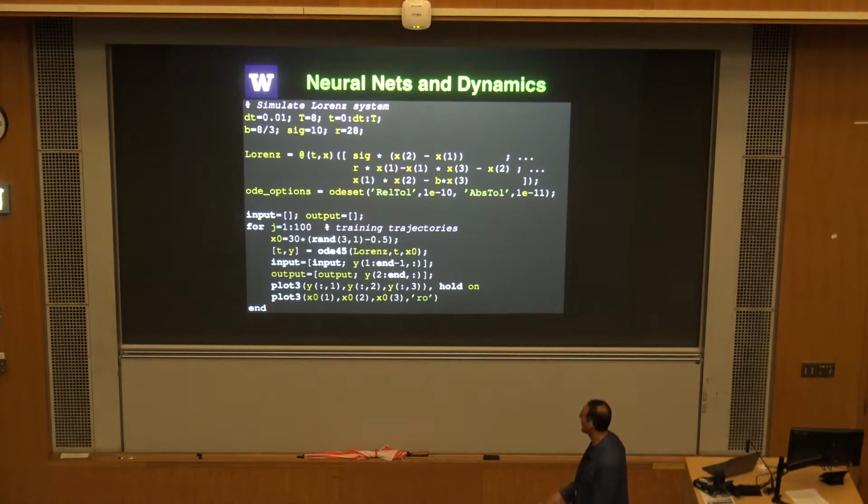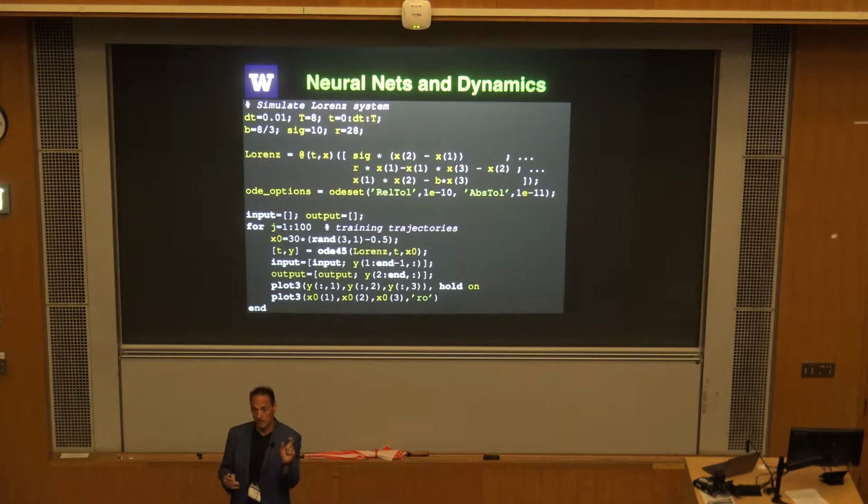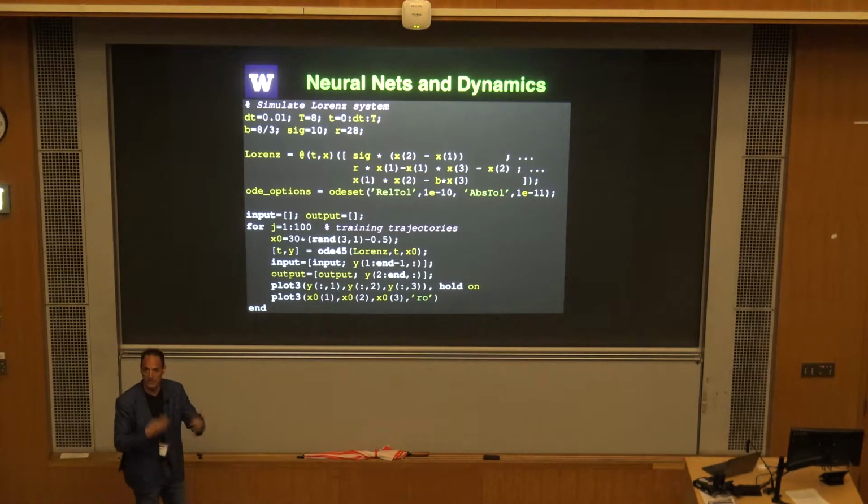Second part of the code is saying, okay, tell you what, let's simulate this 100 times. And each time I simulate it, I give it a random initial condition, run it through this Lorenz model. And what I'm going to do is start saving the data going from time 0 to 8 at every point, 0.01. I'm going to look at what happens at time t, and how does it map to time t plus delta t. Okay, that's it. So I save my data in snapshot pairs of t, t plus delta t.